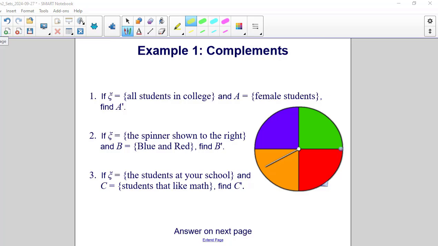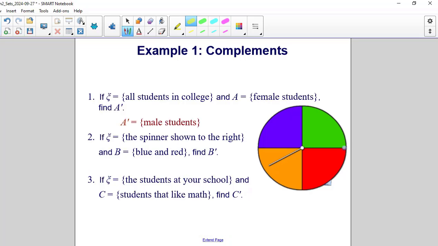For number 1, given that the universal set is all the students in college, and set A is the set of female students, the complement of A would be all the students that are not female, or the complement of set A would be the male students. Number 2, if the universal set is the spinner shown here at the right, and set B is defined as the chances of the spinner landing on a red or blue sector, find a complement of B. Well, the complement of B would be the colors that are not blue or red.